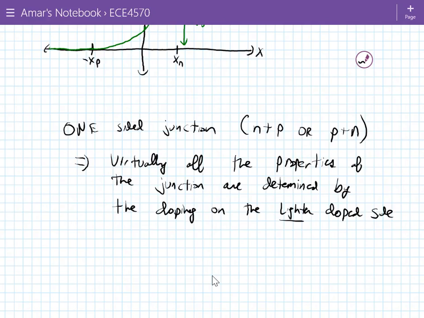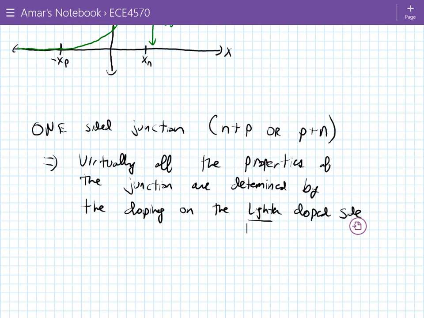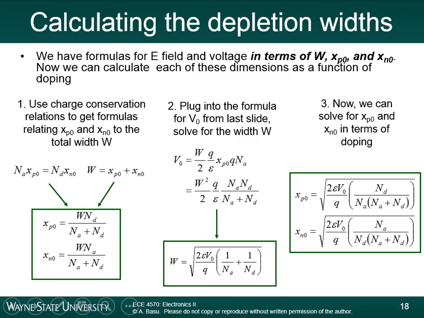So in the case of an N plus P junction, it'll be the doping on the P side, or Na. In the case of a P plus N junction, it'll be the doping on the N side, Nd. Those things basically come out of these formulas.